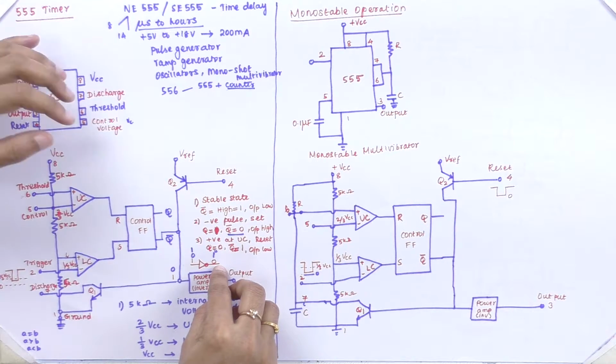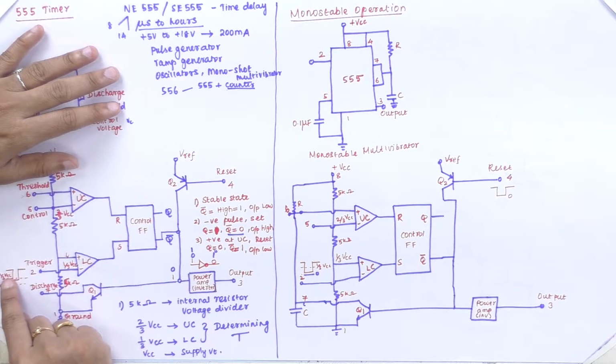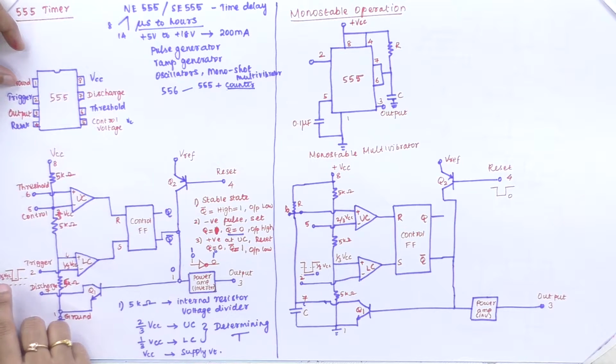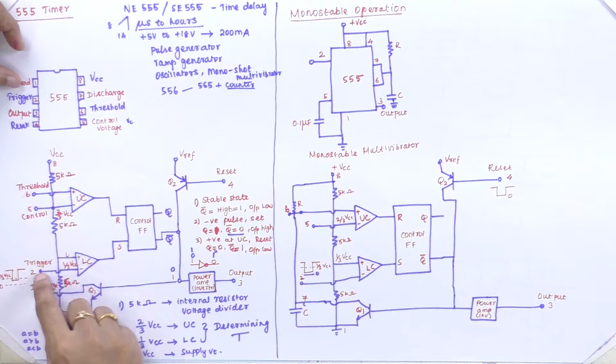In that condition, when we apply a negative pulse to the terminal pin, the second pin is for triggering, so I am applying a negative trigger pulse to the lower comparator. We already have 1/3 VCC applied to that lower comparator, so we compare these two voltages.